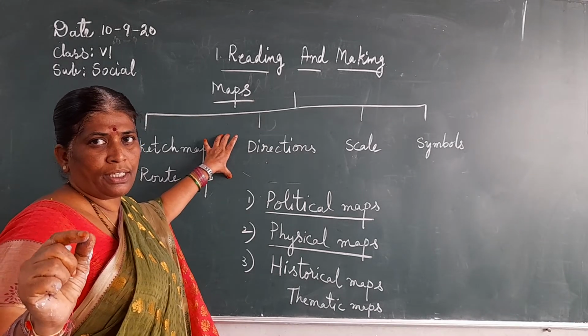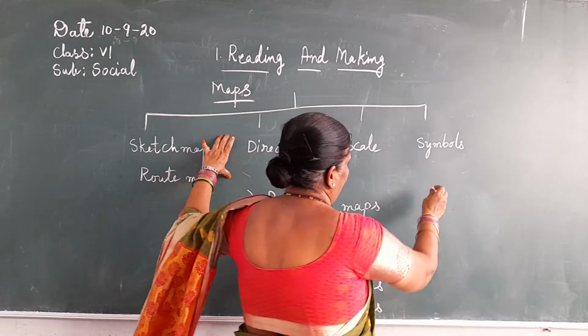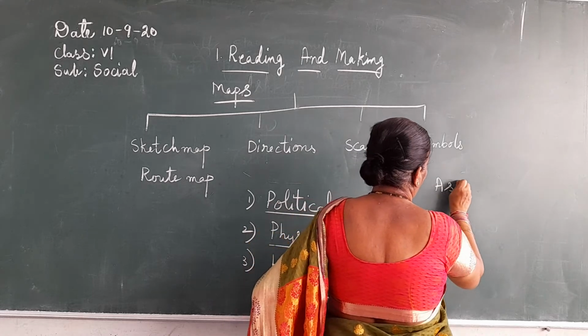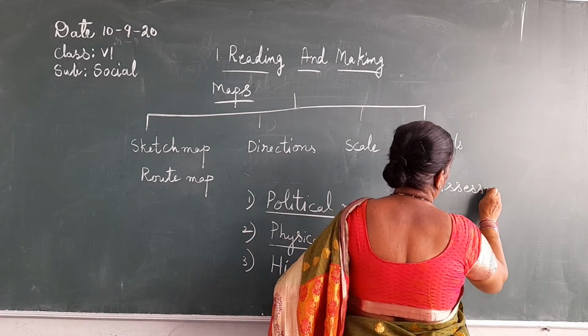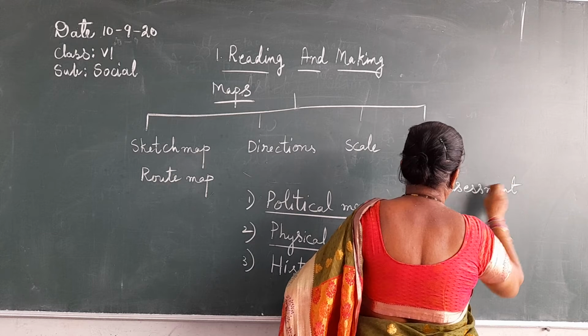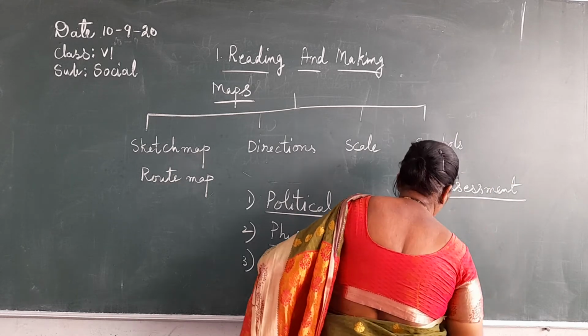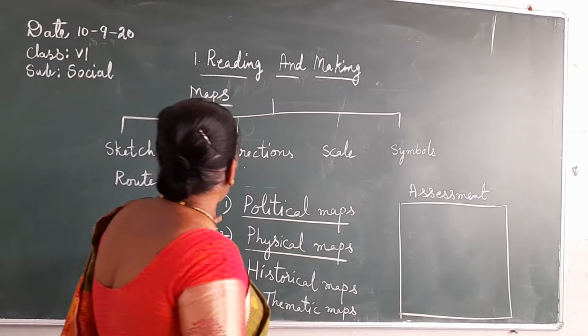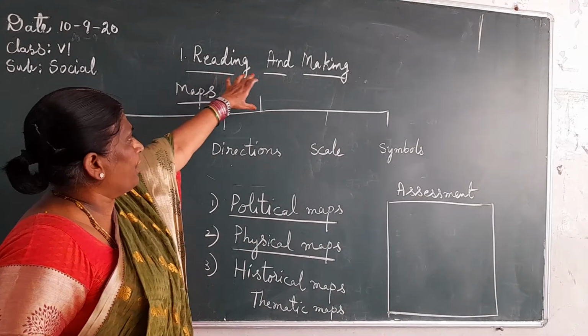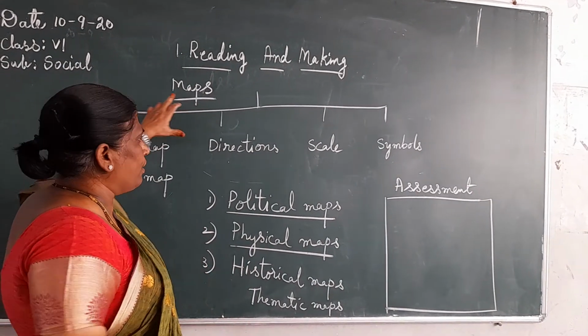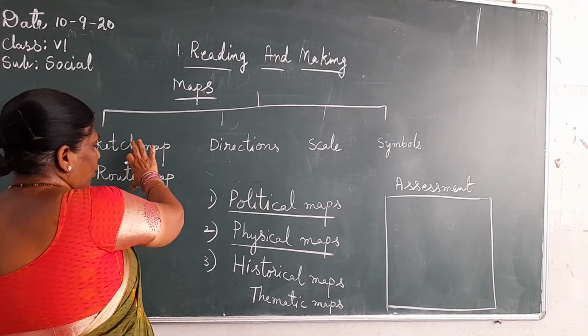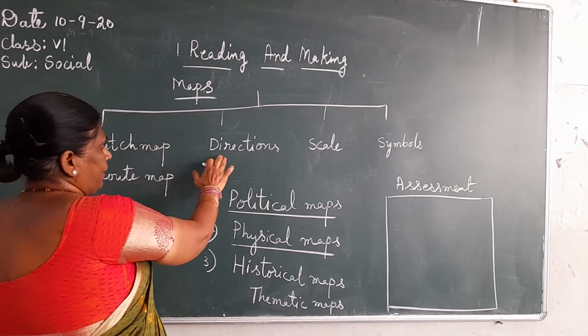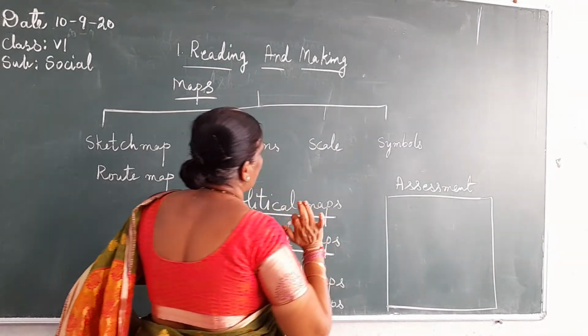Take the assessment homework. Today I have explained a small topic. Again I am telling you, our first lesson is reading and making maps. In this whole topic we are going to learn 4 topics: sketch map, directions, scale and symbols.